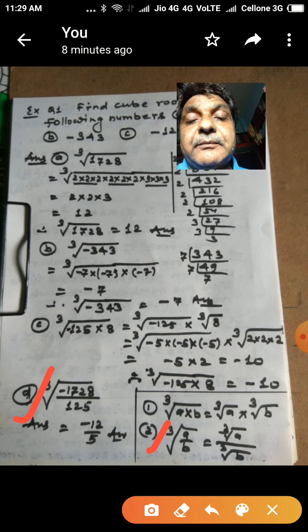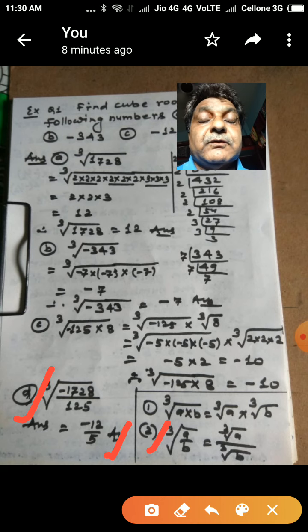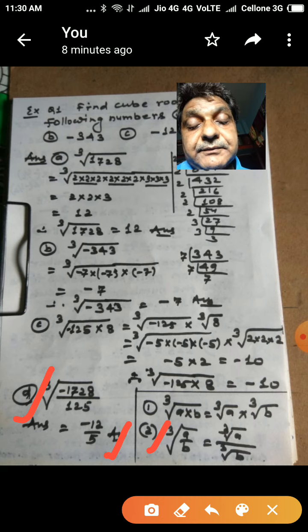So now we will write it as the cube root of minus 1728 divided by the cube root of 125, and again for each we will find the cube root, and the answer is minus 12 for the upper part and 5 for the lower part. So the cube root of this number is equal to minus 12 by 5. So these are the different numbers whose cube roots we have taken.